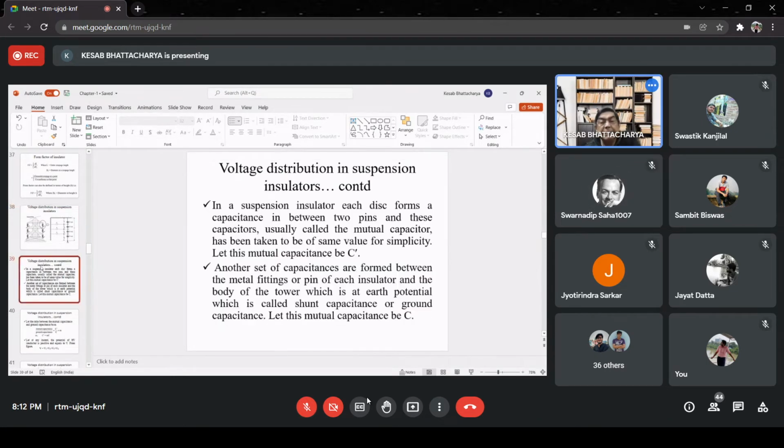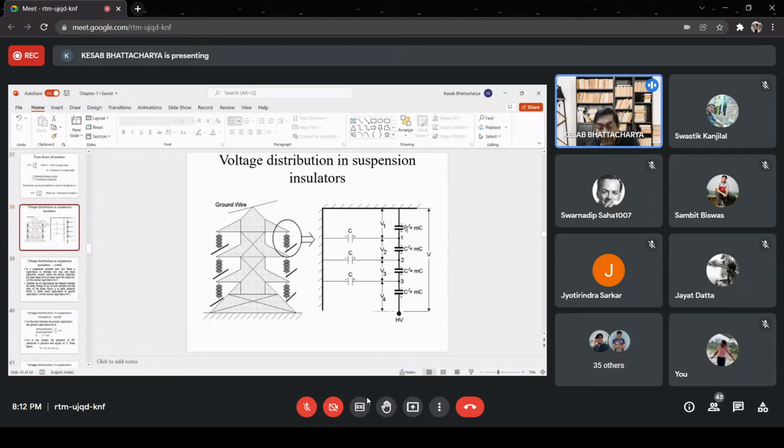Now you see these points in the suspension, these we have already discussed, C prime and C. The capacitances C prime, that is the capacitances corresponding to the discs, are referred to as mutual capacitances, but in some references or in some books, they are also referred to as self-capacitances, but we shall mention it as mutual capacitance.